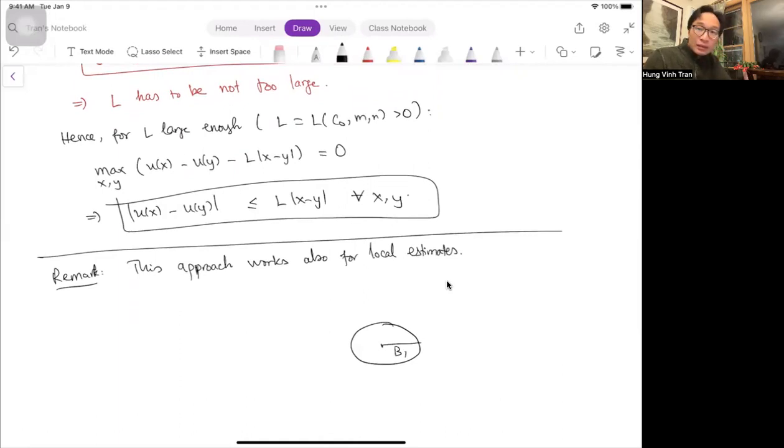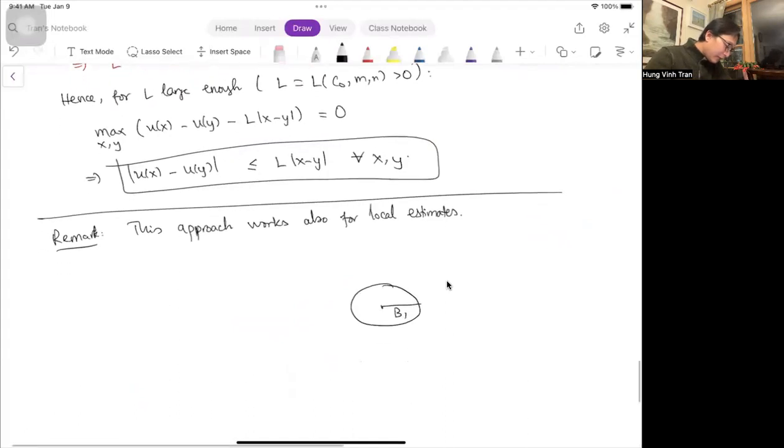And in order to do this, instead of just taking u(x) minus u(y) minus L times |x minus y|, you can also subtract something that grows to infinity at the boundary, and we can get that u(x) minus u(y) is less than or equal to L times |x minus y|.